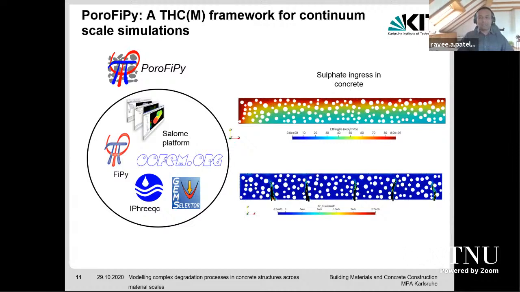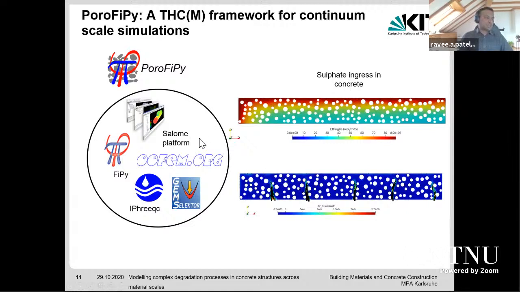So I rely on a set of numerical tools and bring them together to make one holistic framework which can deal with thermo-hydromechanical processes. Here is an example of such a simulation where we have combined chemical evolution with mechanics. This is a chemomechanical simulation for sulphate ingress, where you can see the ingress of sulfates and the cracks and damage developing.